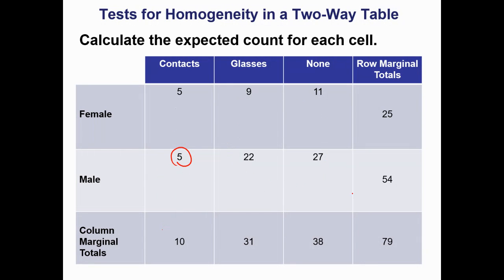You do 10 times 54 divided by the grand total. Now on your notes, there are actually 2 tables. The first table is to write the calculation in. The second table is to write your answer. So in the first table, you'd say 10 times 54 divided by 79. In the second table, you'd say that's 6.84. Which is exactly what this is.